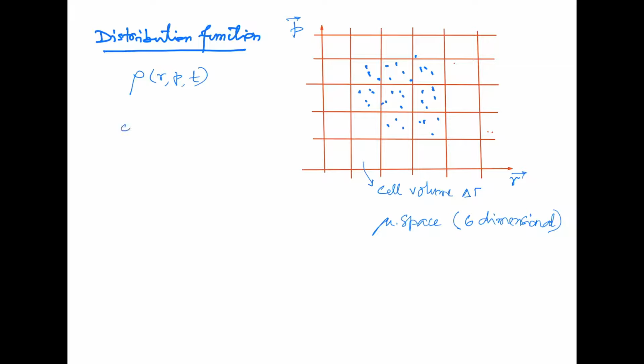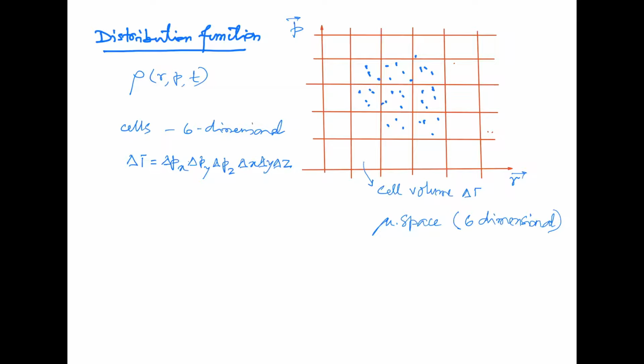We divide mu space into cells, which are 6-dimensional volume elements given by delta tau, equal to delta px, delta py, delta pz, delta x, delta y, delta z.